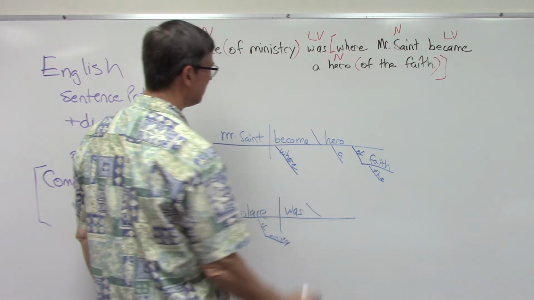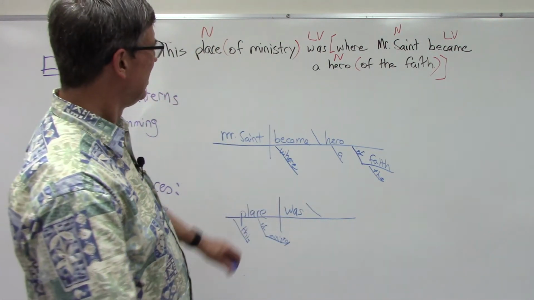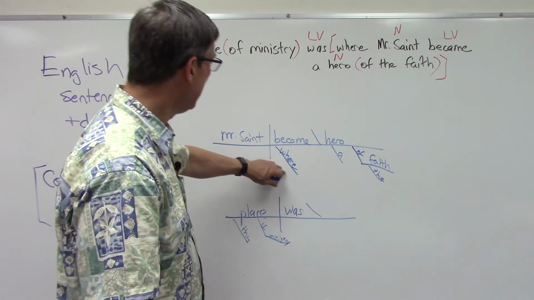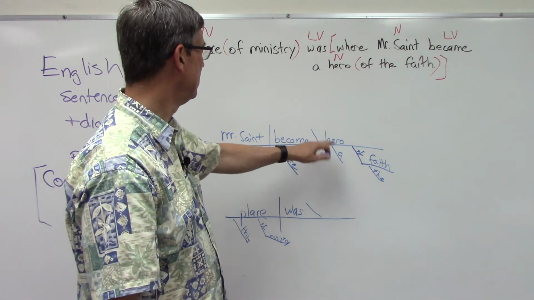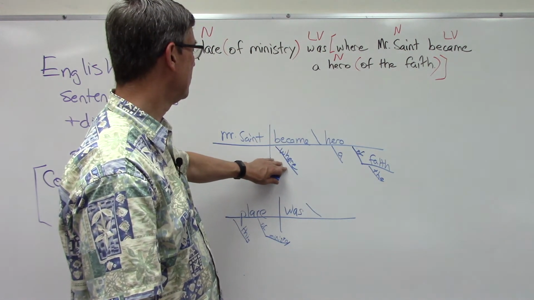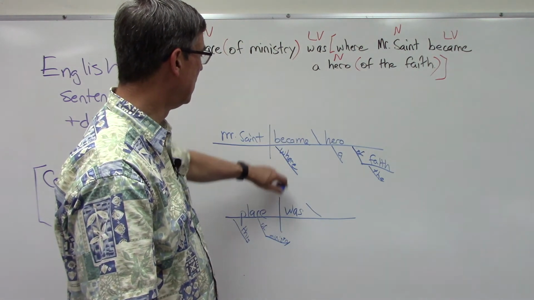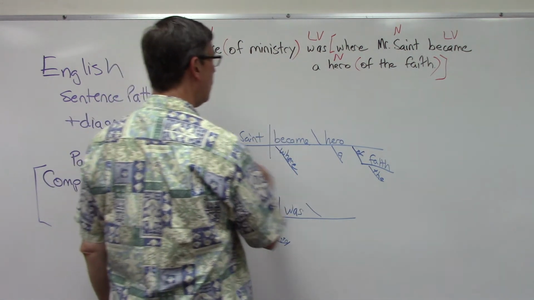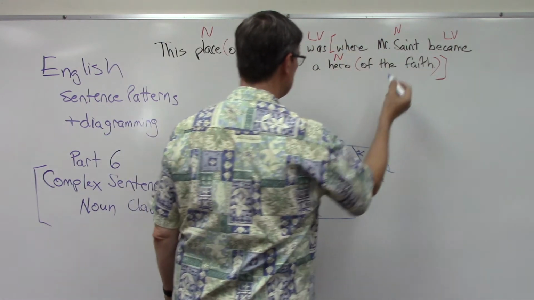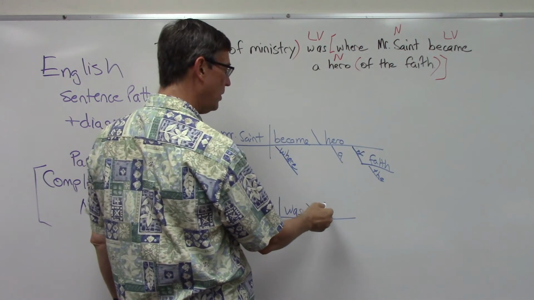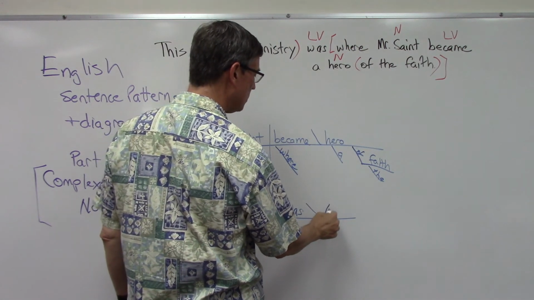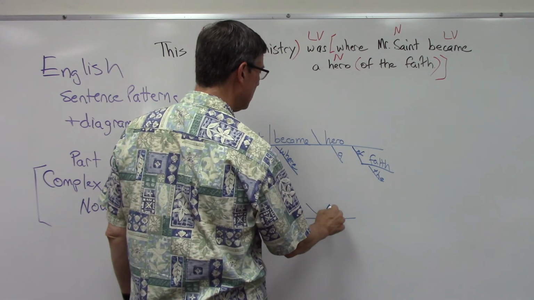I know that seems kind of weird. Where Mr. Saint became a hero. Okay, so it's answering the question where, so it goes as an adverb. Now, this whole clause here acts as a noun. Notice what part of speech. How is it acting? Right here.